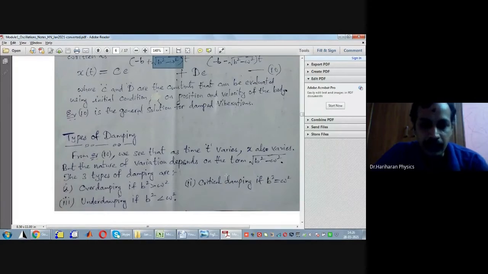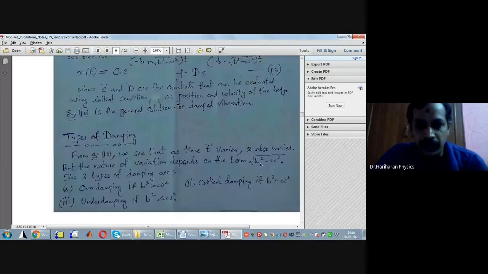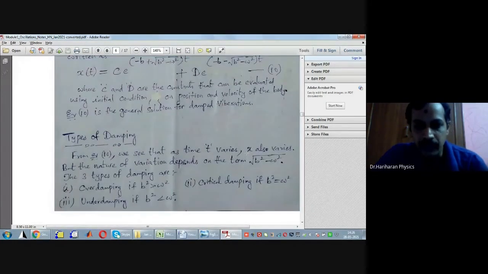That depends on the values of B and omega. B is the damping coefficient of the medium, and omega is the natural frequency of vibration.